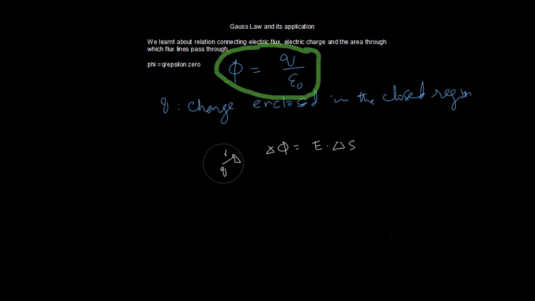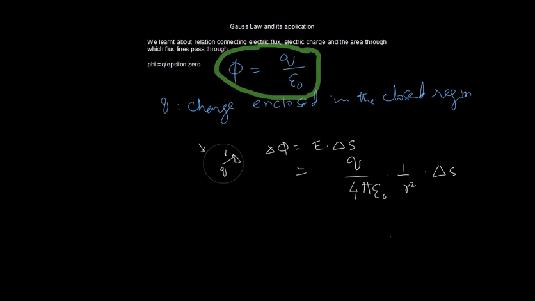So we need to substitute slowly. E equal to q by 4 pi epsilon naught, and q by r square also must be there, so that's 1 by r square into delta S. This is a spherical surface we are considering.